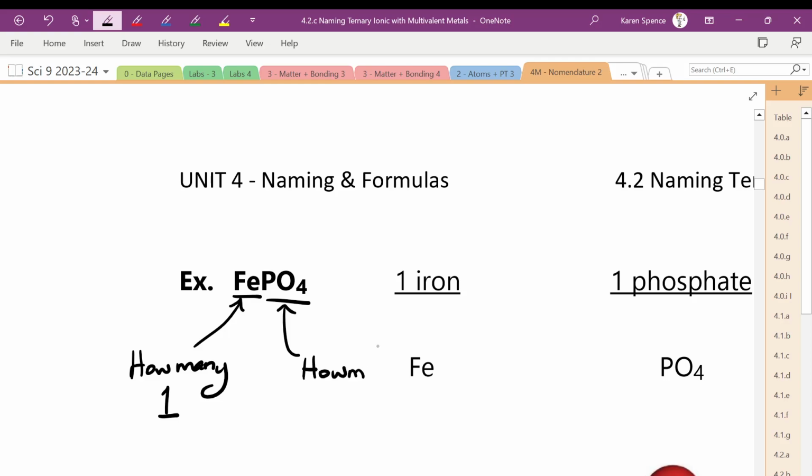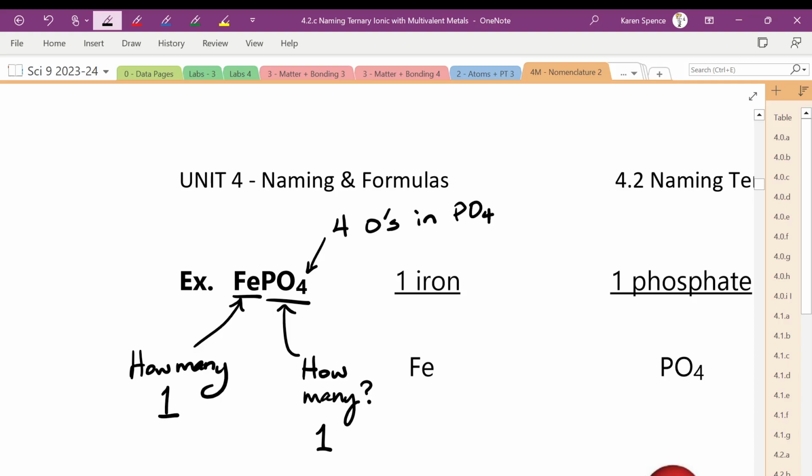This is tricky. How many phosphates? 1. Now, why is there that 4 there? Yeah, that 4 tells us that there are 4 oxygens in PO4.